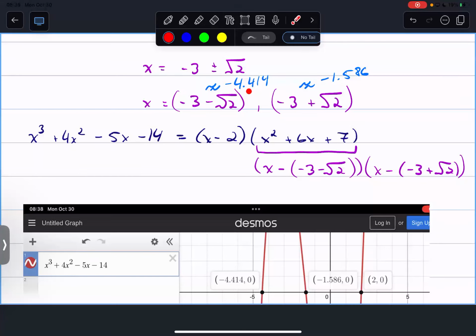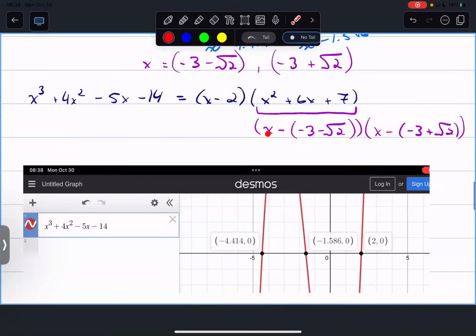So if I have x minus -4, then if x is -4, I have -4 minus -4, which is 0. So you have to do kind of the opposite of what the root is. Kind of sneaky. It'd be nicer if this was just a nice number, right?